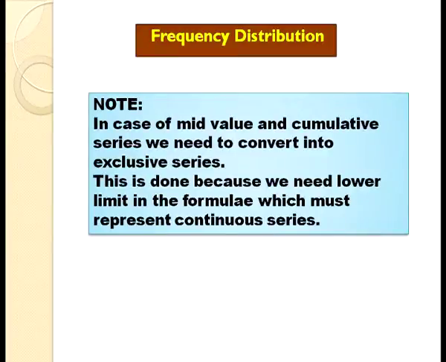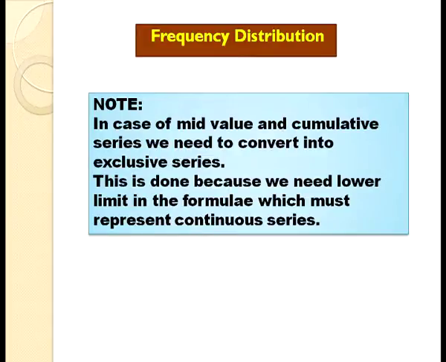So, students, we have learned that median can be computed in other frequency distributions also, but for that they must first be converted into exclusive series. Once we have converted into exclusive series, we can easily compute median. So, here the note goes: in case of mid value and cumulative series, we need to convert into exclusive series.